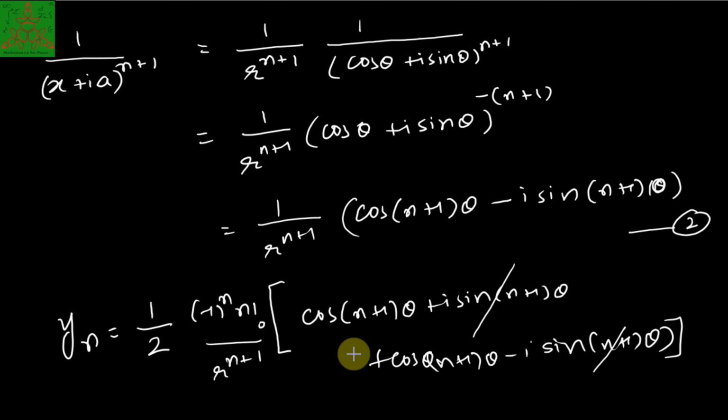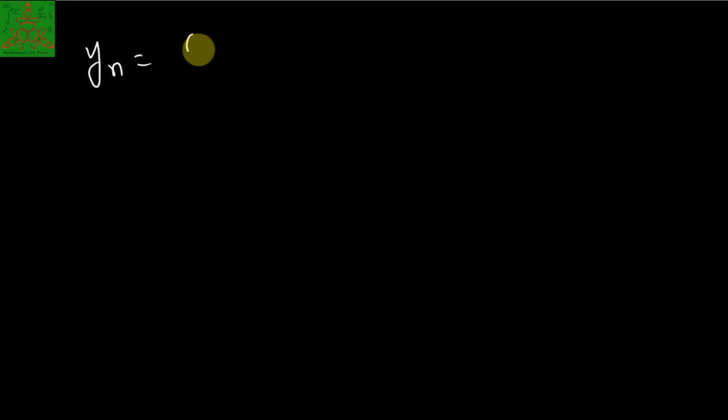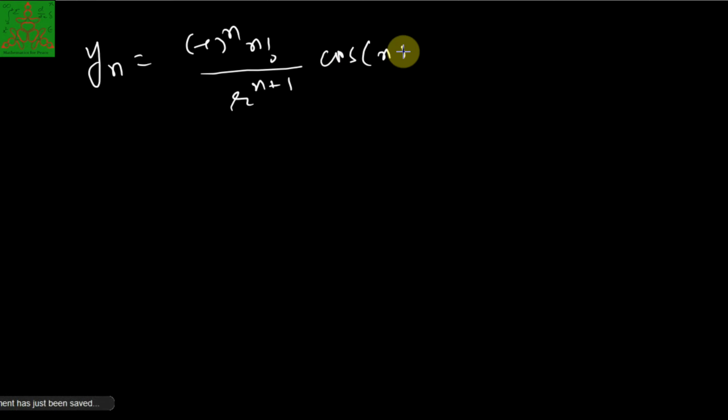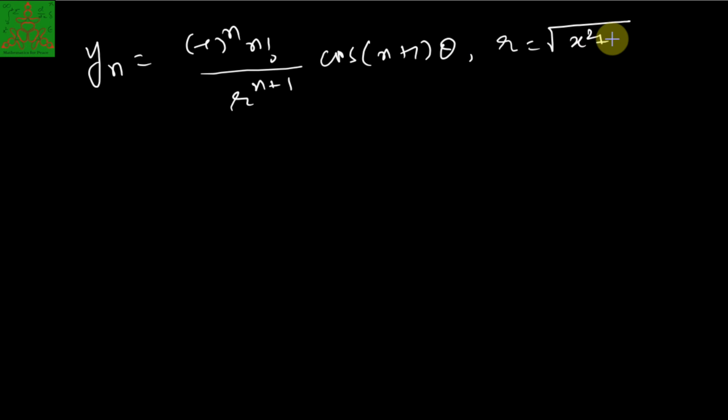So you will be left with yn equal to minus 1 raised to n into n factorial upon r raised to n plus 1 cos n plus 1 theta, where r is the square root of x square plus a square and theta is tan inverse of a by x.